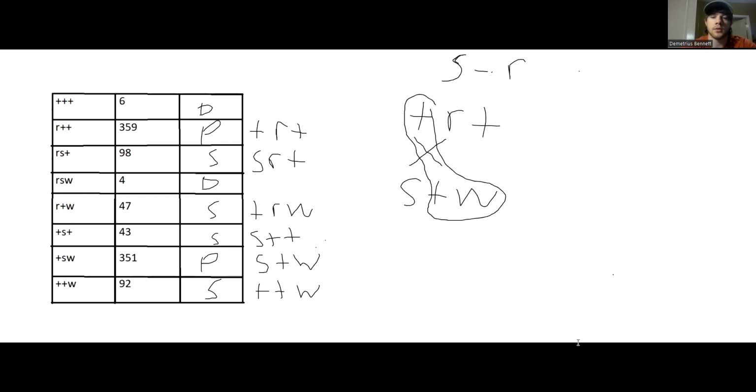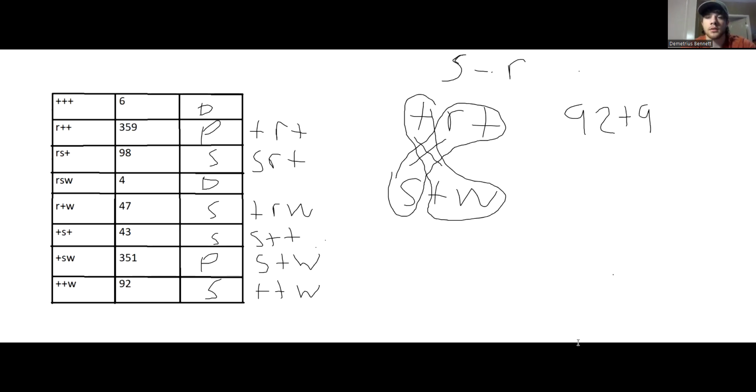We have 92 individuals that have the S R single crossover right there. Then going the other way, starting at the bottom with the S, and we cross over here, we see it's going to be SR plus. Looking at our phenotypes again, that's where we have 98 individuals.